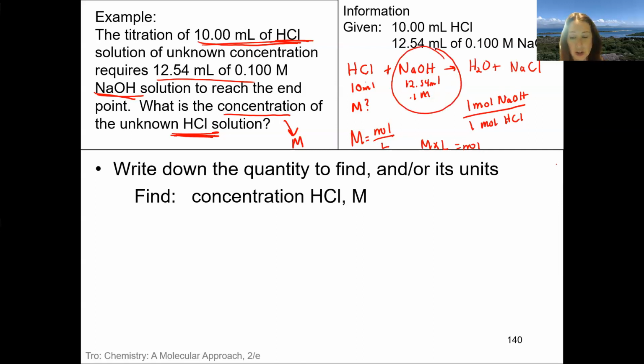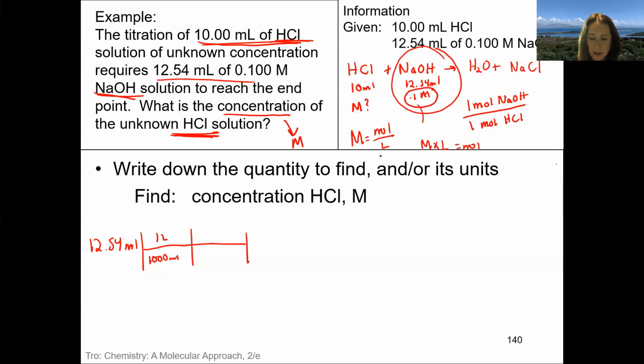And again, I asked the question, we can start with 2 units or we can start with 1. I choose 1. Right, so if we start with 12.54 milliliters, we have to get to liters, right? Milliliters, milligrams, none of those are helpful for us. There's 1,000 milliliters in 1 liter.